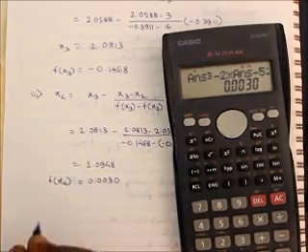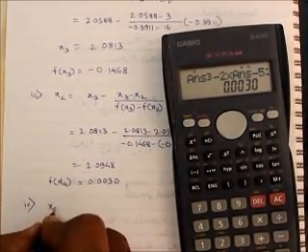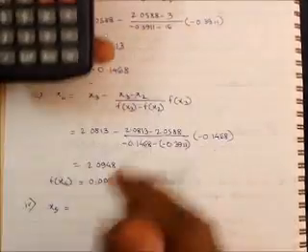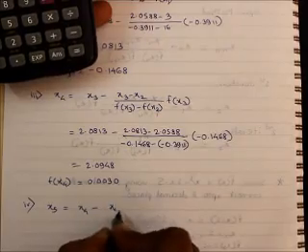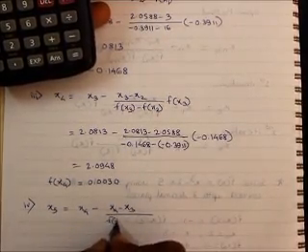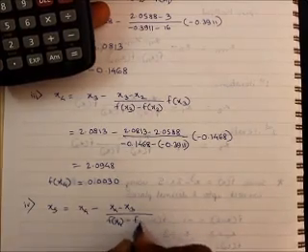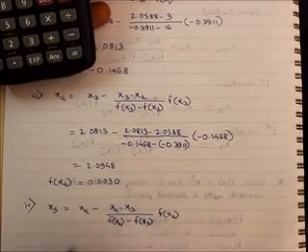That is 0.0030. Okay, so the fourth iteration, that is x5, is going to be x4 minus (x4 minus x3) divided by (f of x4 minus f of x3), whole thing multiplied by f of x4.